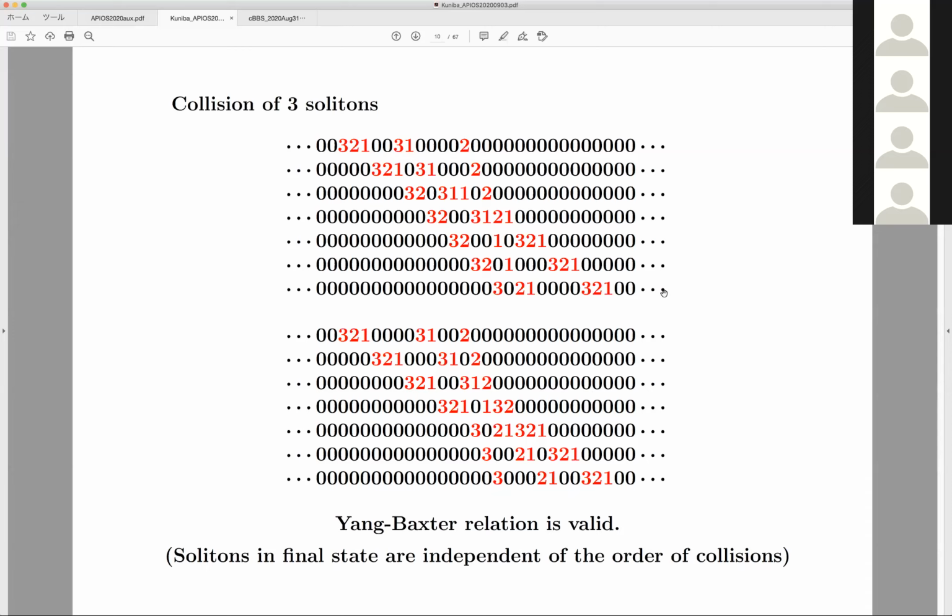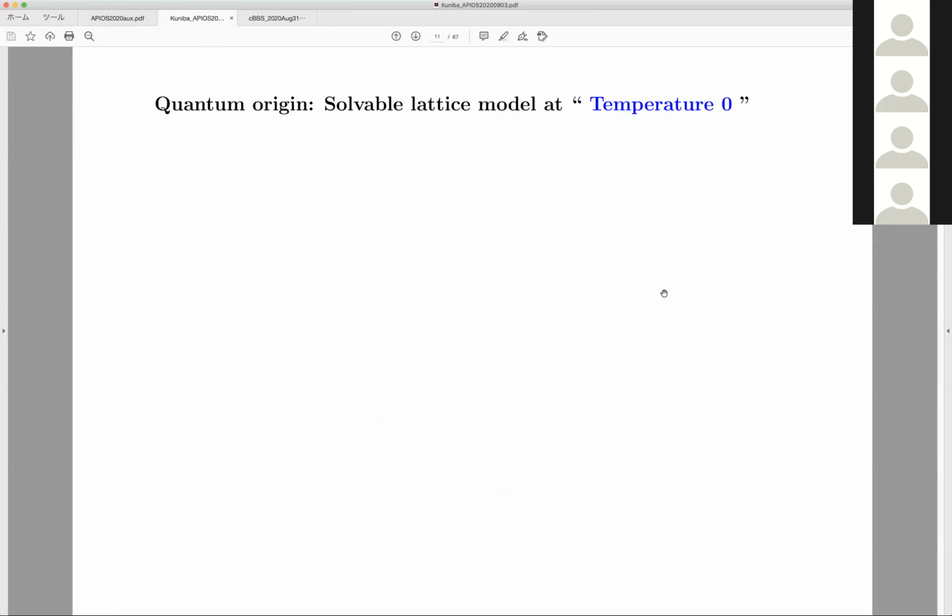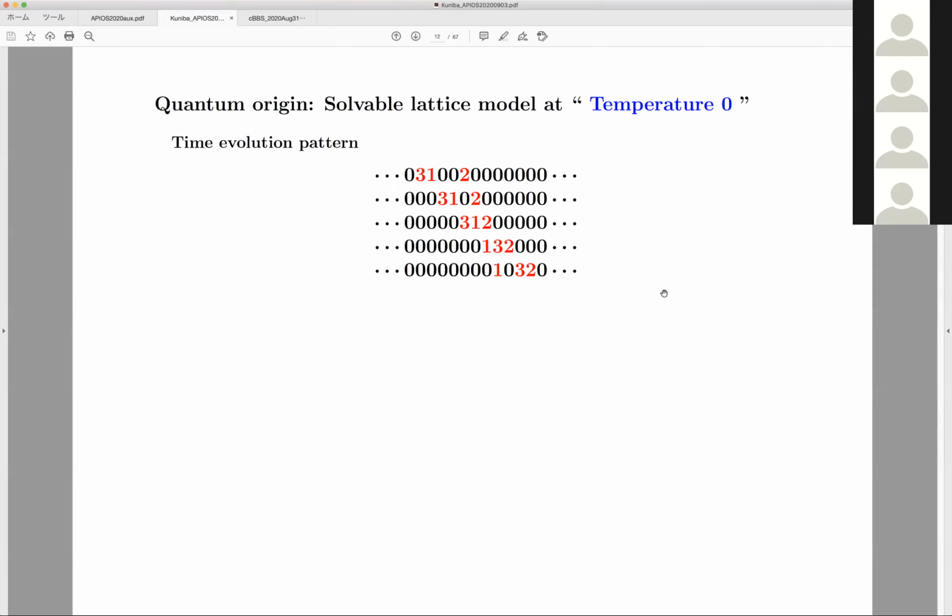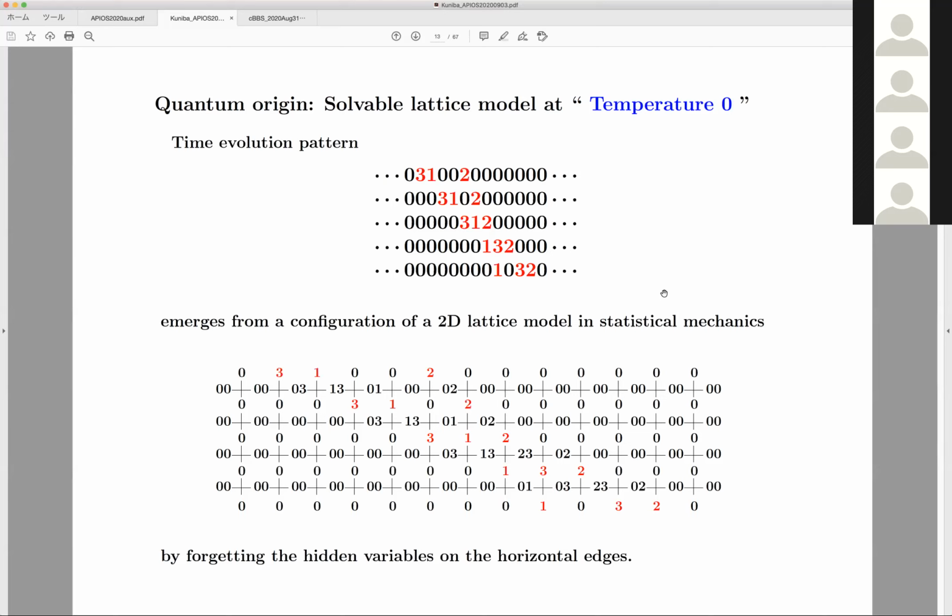And there is a decent origin of this integrability, and one can attribute it to quantum integrability. That's nothing but a solvable lattice model at temperature 0. So what does it mean? For example, I pick another example of time evolution, the collision of solitons of amplitude 2 and 1, like this. Now this emerges from the configuration of a 2D lattice model in statistical mechanics like this, by forgetting the hidden variables on the horizontal edges.